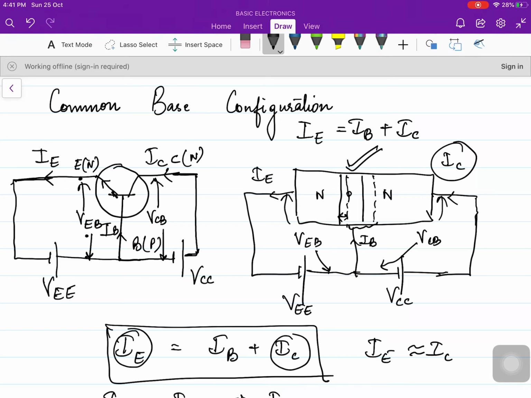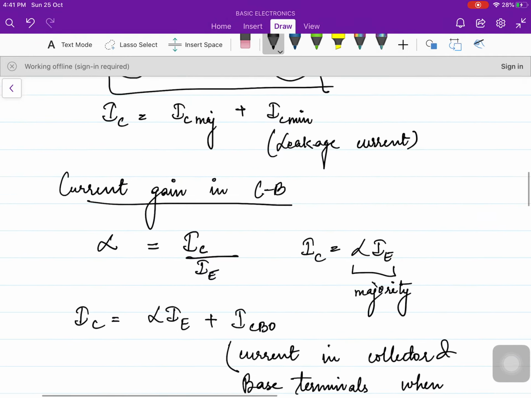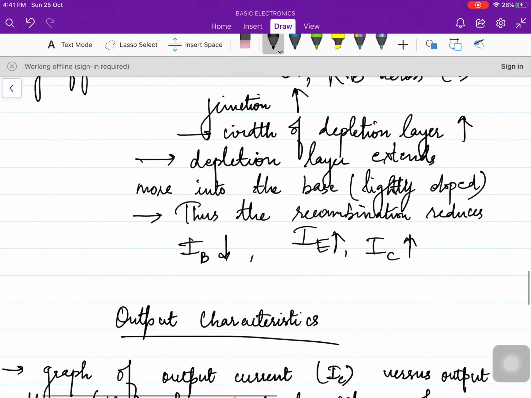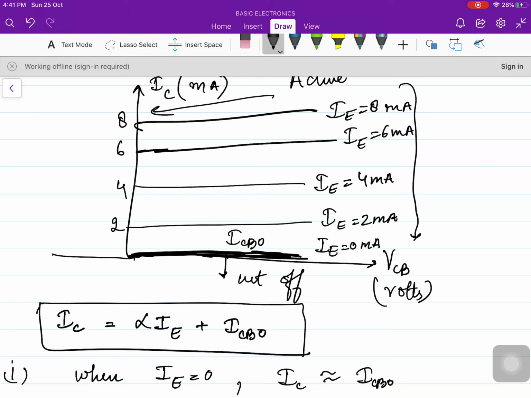So the currents will flow towards the emitter, and therefore the collector current will flow in the opposite direction. So overall, the collector current will start decreasing, because the current that was going forward has immediately started going in the opposite direction. Overall current will decrease, so all this current will come down.